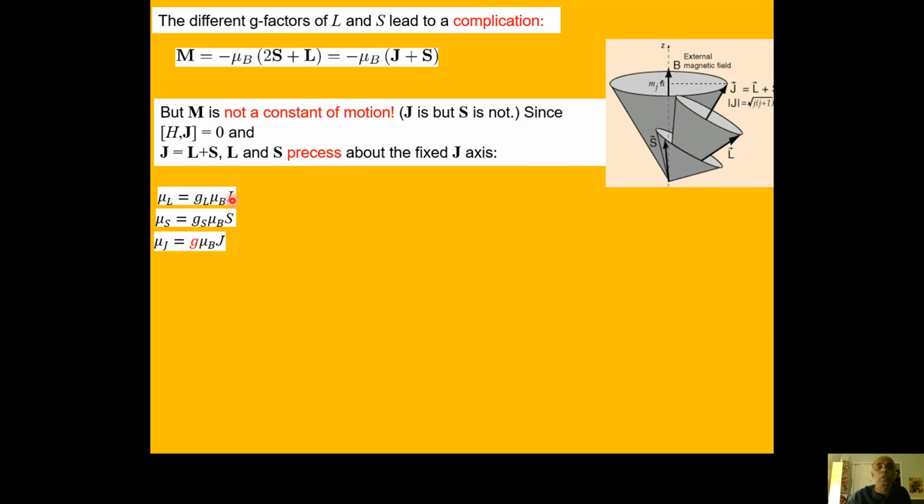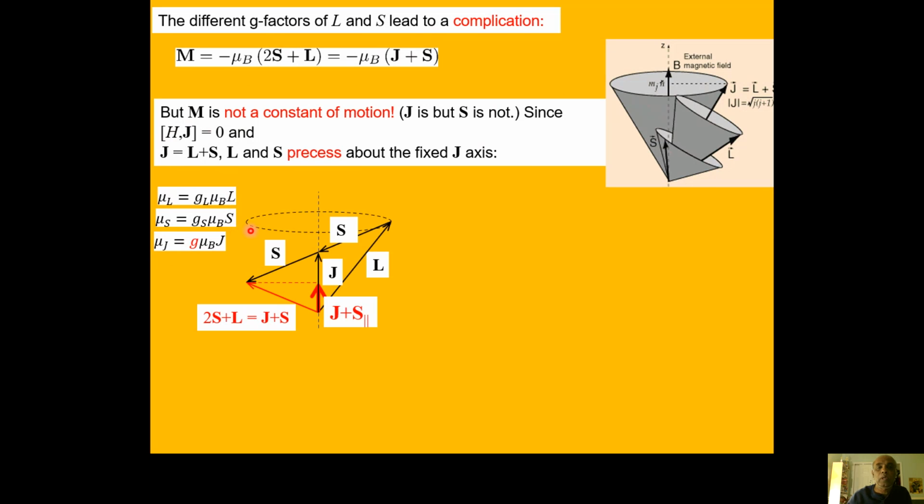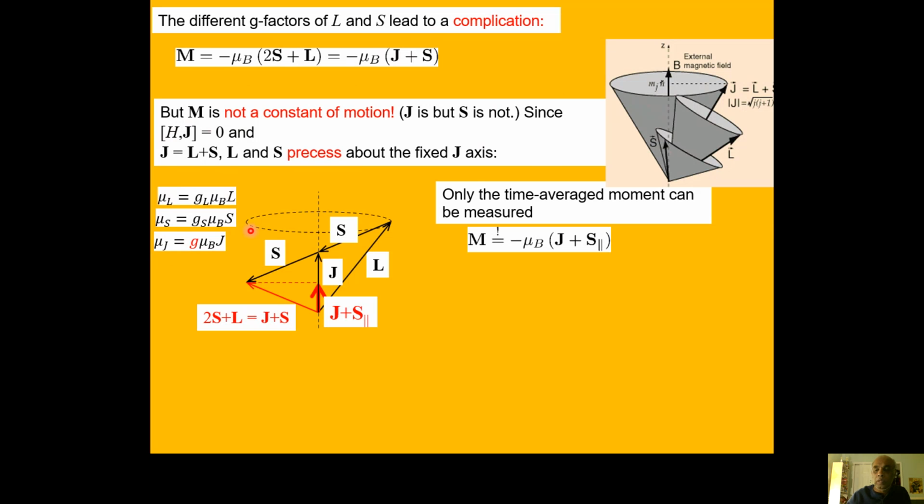Then also we know how to calculate the eigenvalues of L squared, S squared. That will help us to calculate this g factor. So the whole idea is, if I have a magnetic field in the direction of J, then I can write my total M as minus mu B J plus the parallel component of your S value, right?